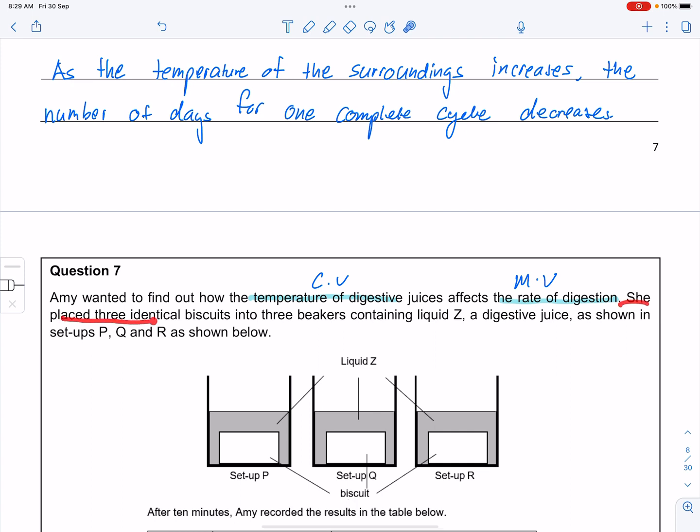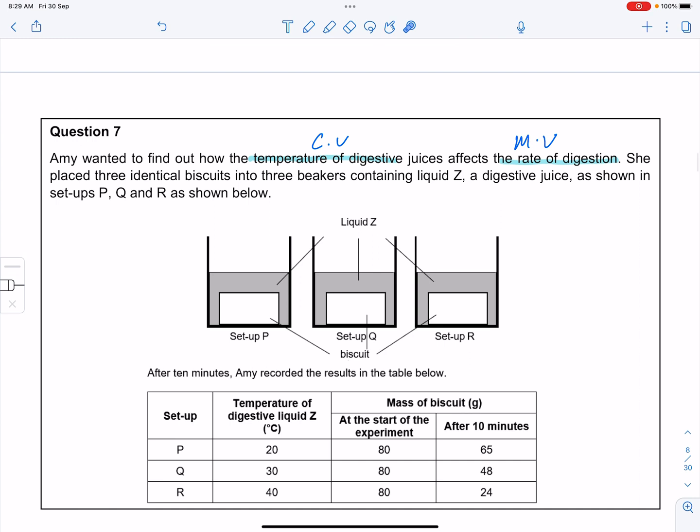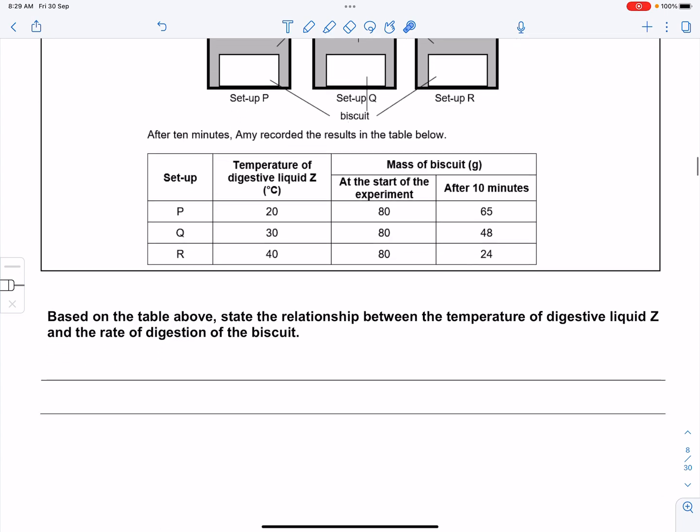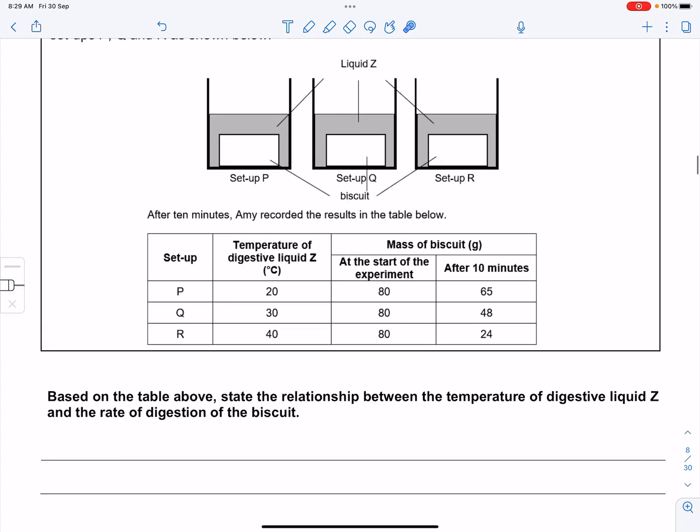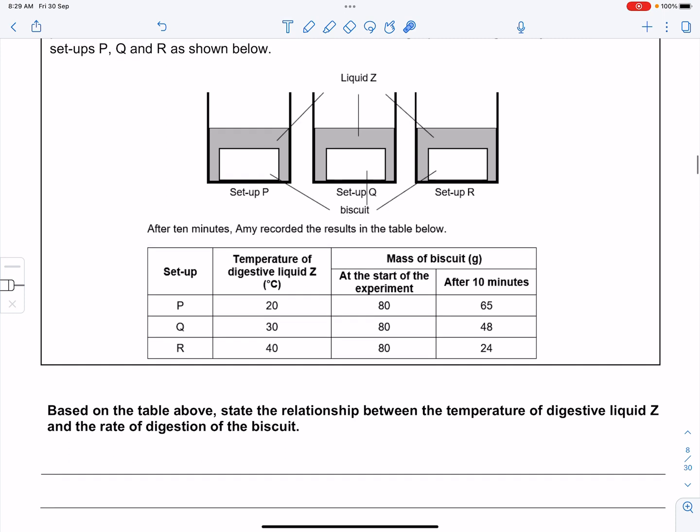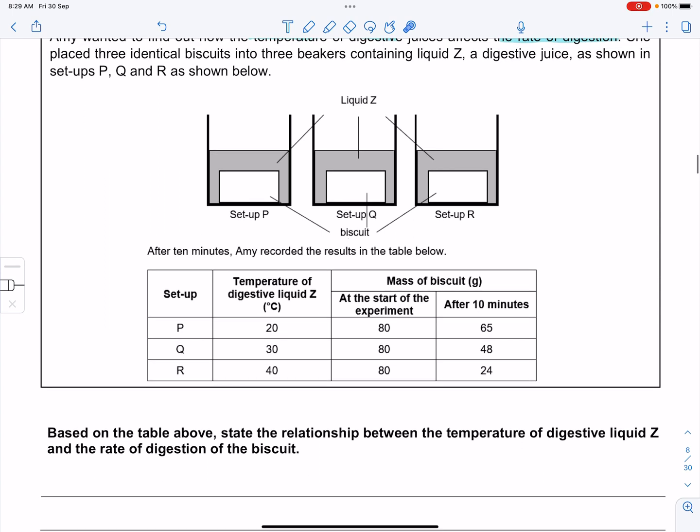She placed 3 identical biscuits into 3 beakers containing liquid Z, a digestive juice, as shown, and set up P and Q as shown below. Based on the table above, state the relationship between the temperature of digestive liquid Z and the rate of digestion of the biscuit. So once again, annotate. This is your change variable. This is the measured variable.